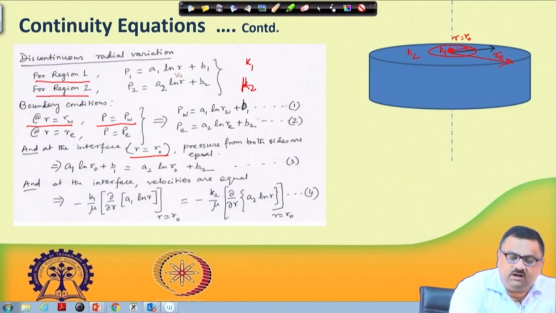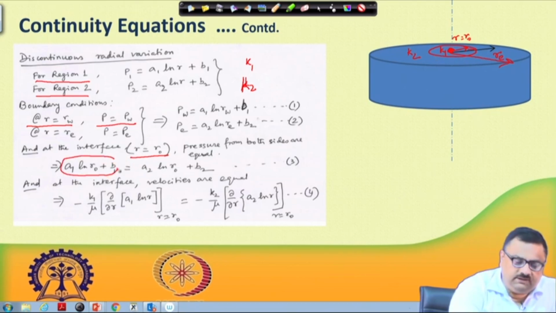So, simply, P1 we are measuring now, instead of r we are writing it at r0. This is the pressure at r equal to r0 from inside, from the inner region, region 1.